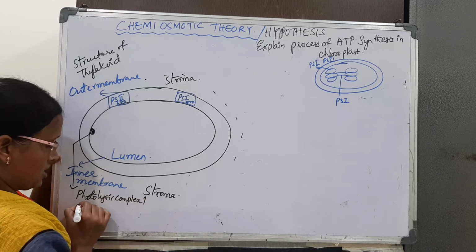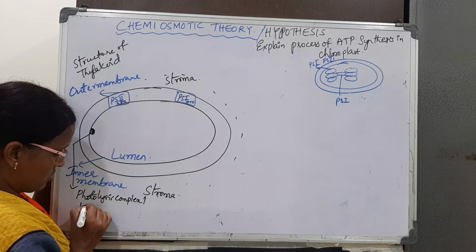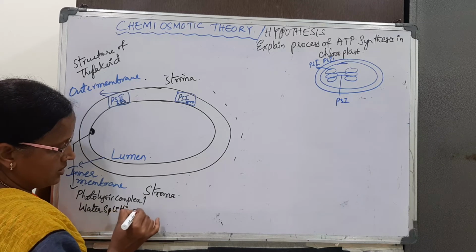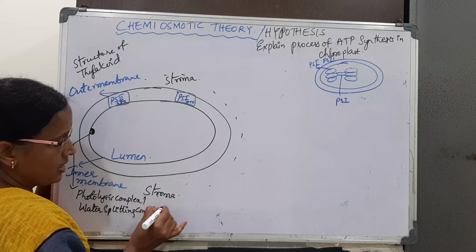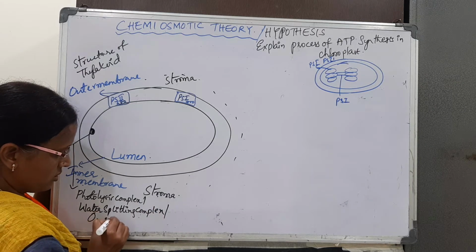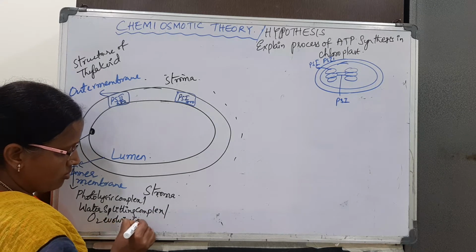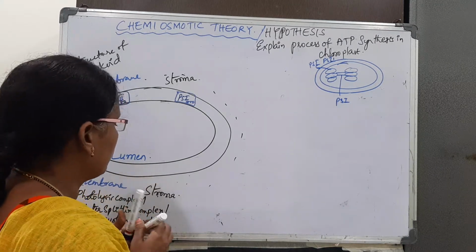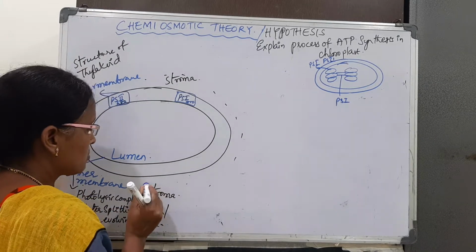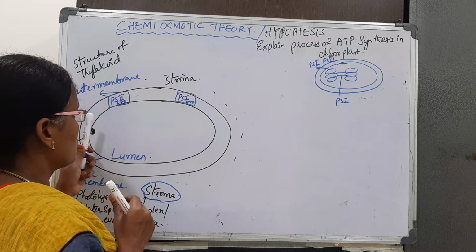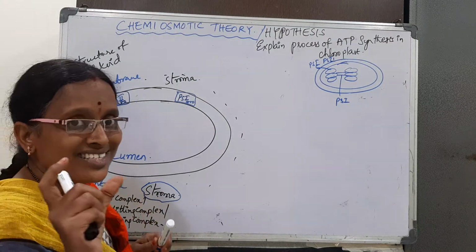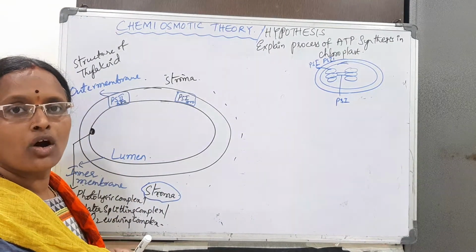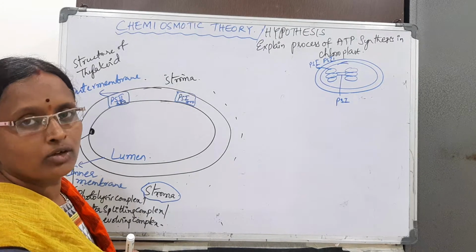Also we can say photolysis complex or water splitting complex or oxygen evolving complex. These are all different names of this water splitting complex. So inside there is a complex associated to the inner membrane, that is photolysis complex or water splitting complex.